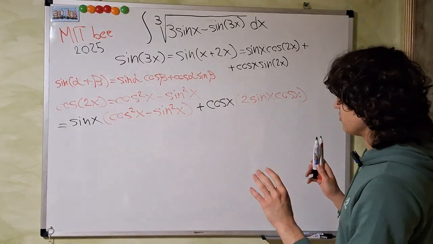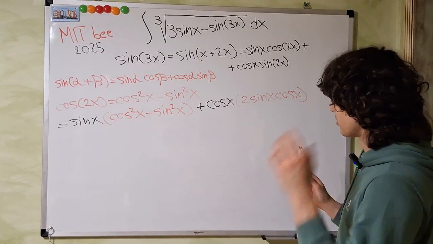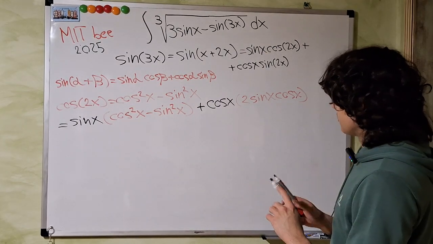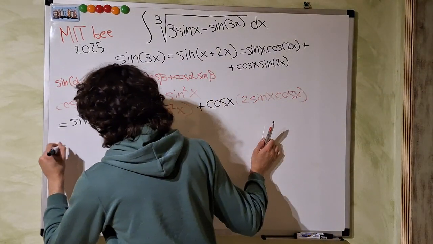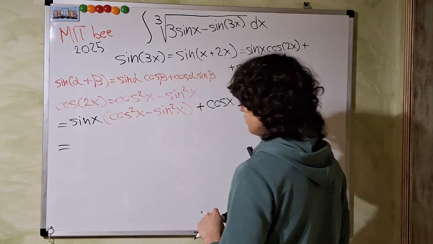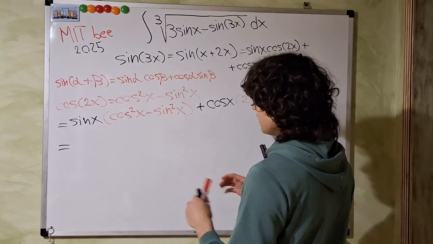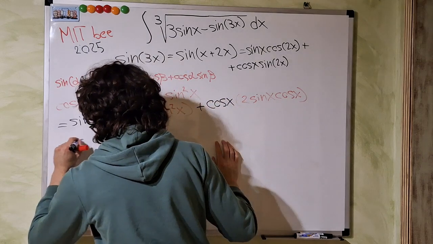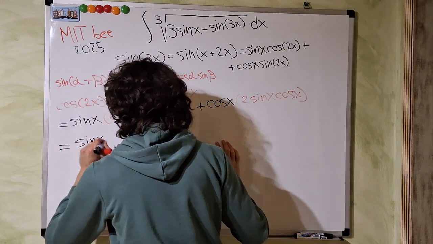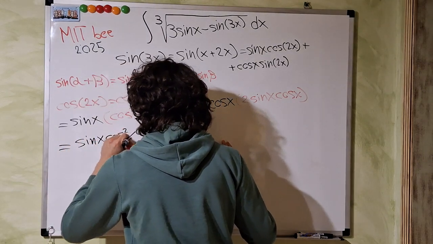And now it's time to rearrange our equation. So we can multiply these terms, and we're doing it in the now, basically. So the first term is sine of x cosine squared of x.